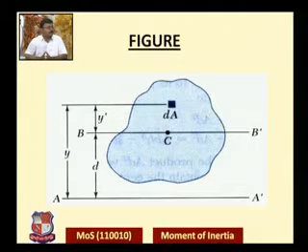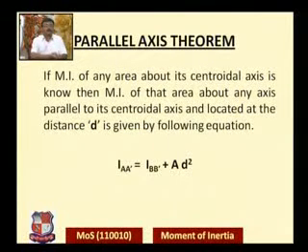AA dash is any axis parallel to the centroidal axis BB dash, located at a distance d. Coming back to the general form of the theorem: I_AA' equals I_BB' plus A into d square.